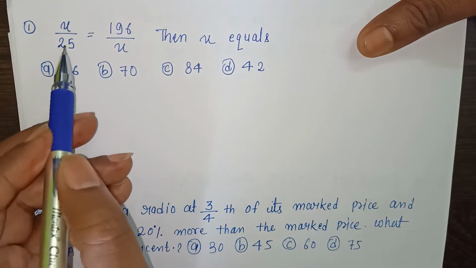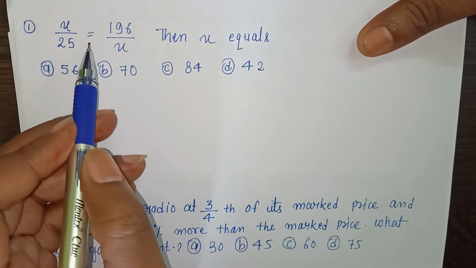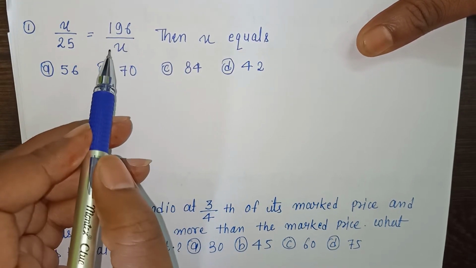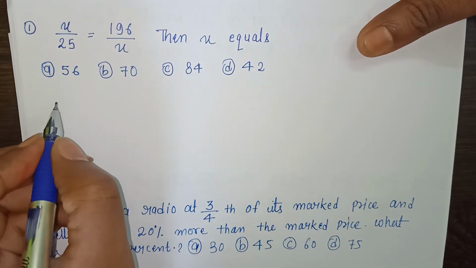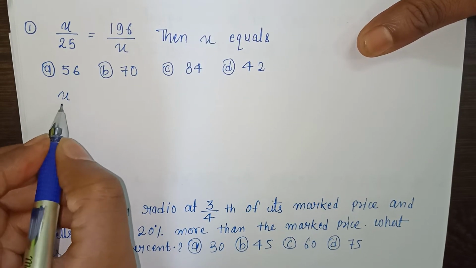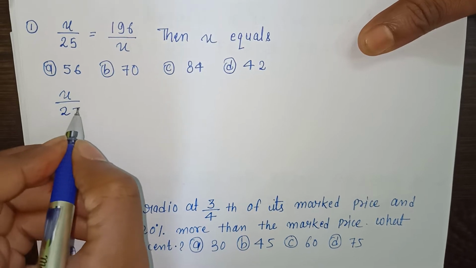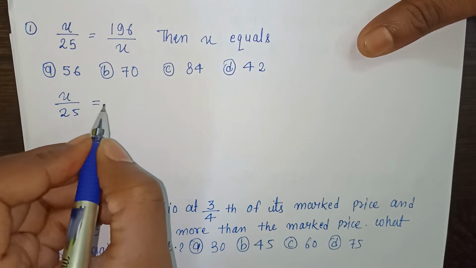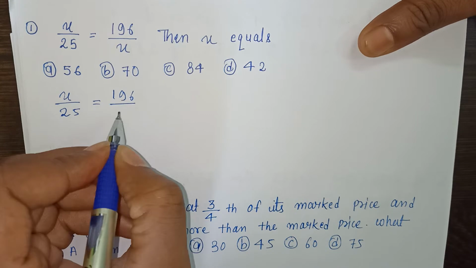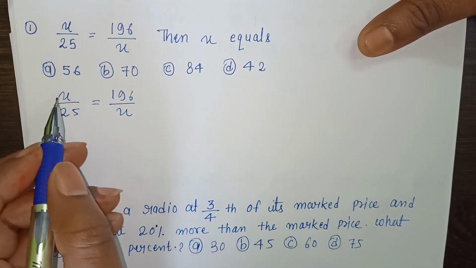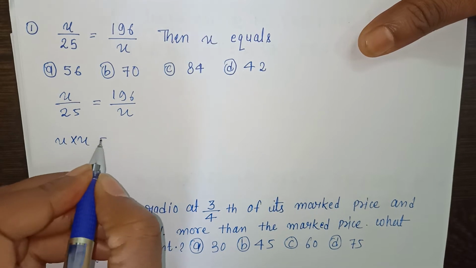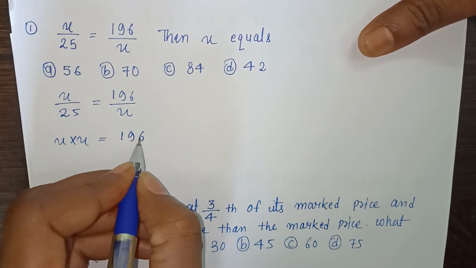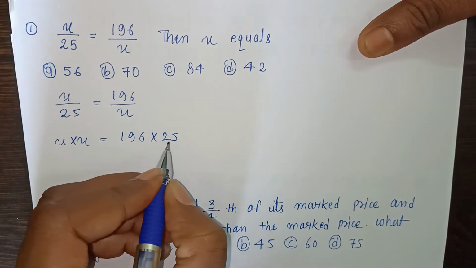See, question number 1. x by 25 equal to 196 divided by x. Then x equal to... first we have to write 196 by x. It will be cross multiplication. Then x multiply x, and here 196 multiply 25.